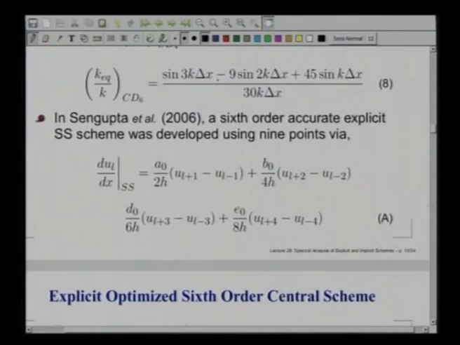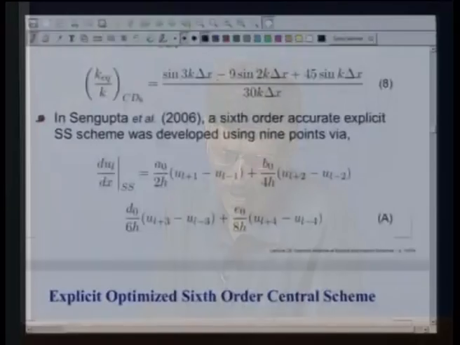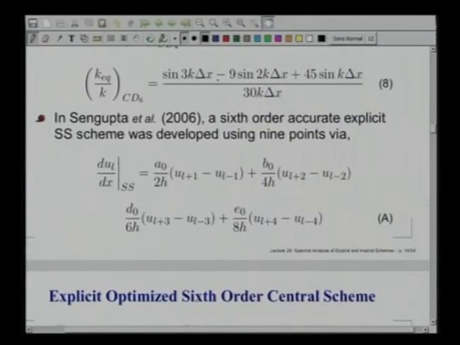Now, let me tell you about a method that was developed here a few years ago, where we actually wanted to develop a 9-point scheme. So, we want to explore a 9-point scheme, but what we wanted to do was optimize the scheme, so that the error of this 9-point scheme is much lower than many explicit schemes.